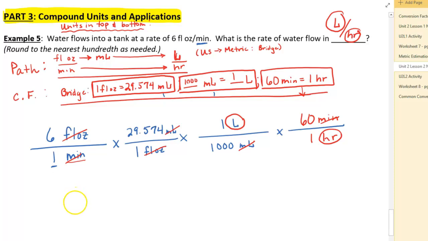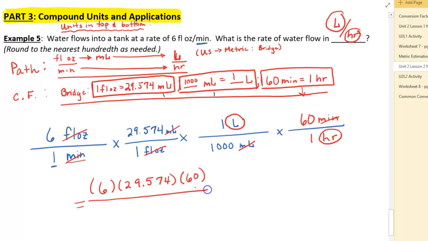So finally, we're ready to go to our calculator. So in our calculator, we're going to do 6 times 29.574, just going across the top, times 1, which isn't going to change it, times 60.